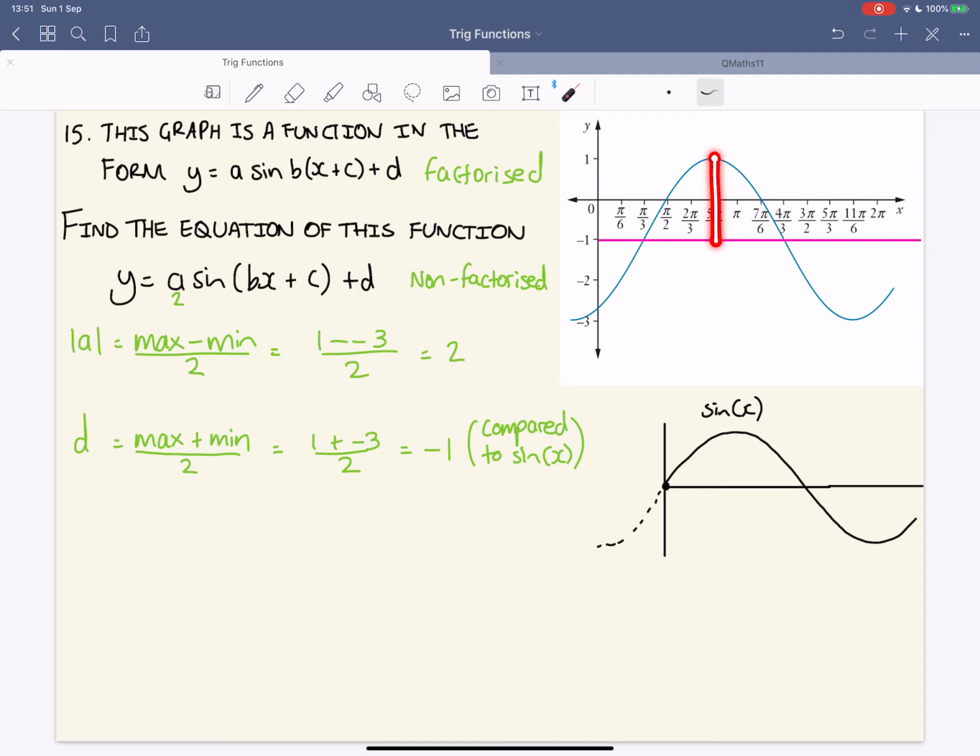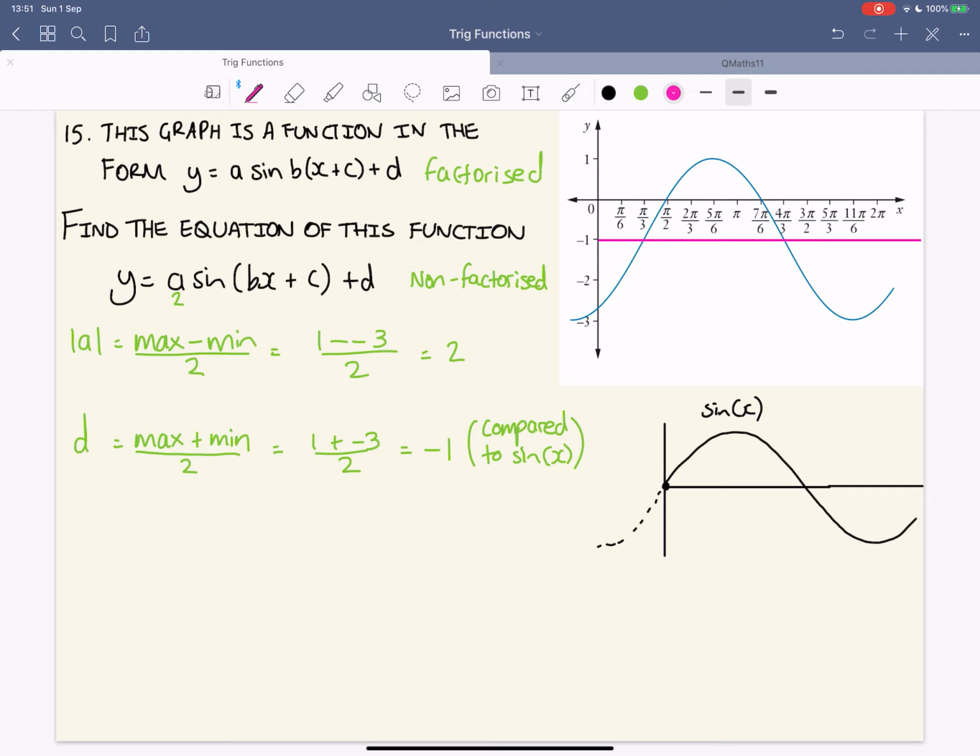There's the middle, and our amplitude there, the distance is from 1 to -1, and so that's 2. And that makes sense. That's in line with what we expected for our d value, because our d is -1. So this and this support each other. All right, now we've found A and D, we can go ahead and move on to B and C.